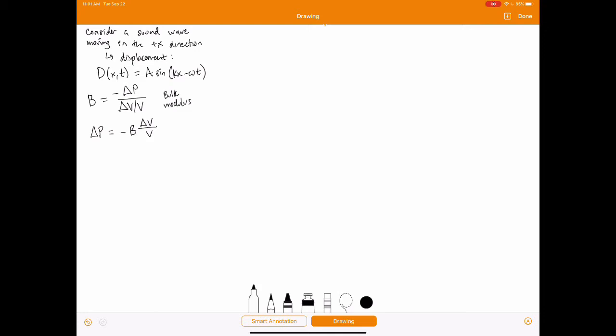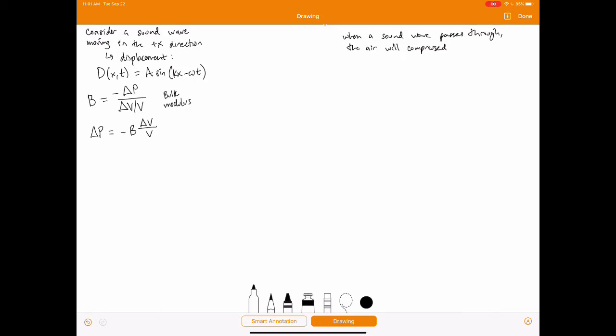Well, the idea is when a sound wave passes through, the air will be compressed by some amount, or it can be expanded depending on exactly what we're talking about.